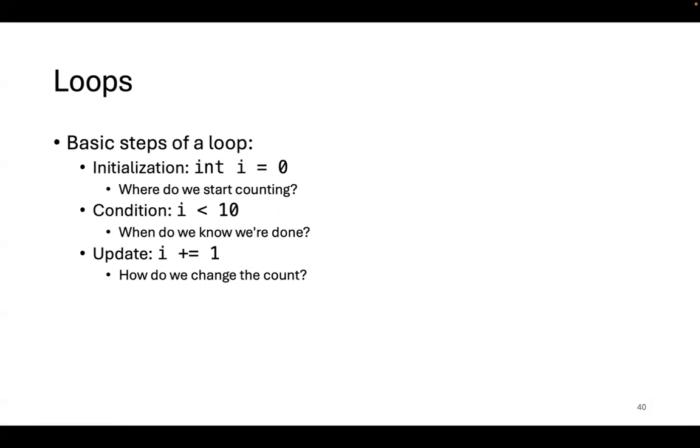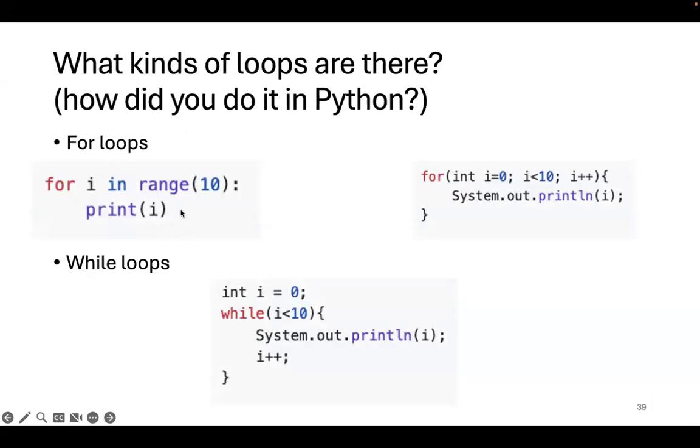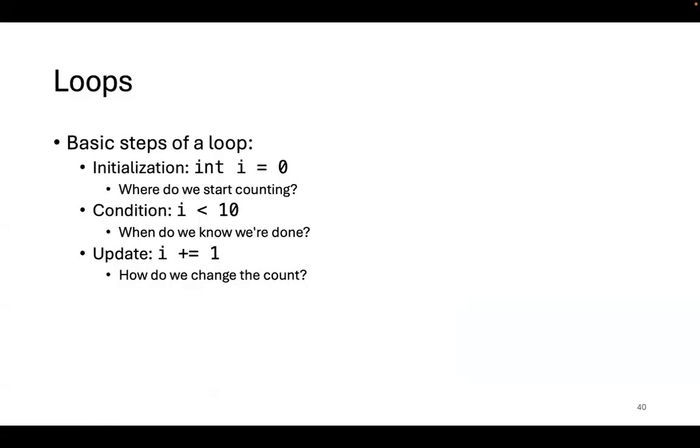If we're printing the numbers 1 through 10, we have to start somewhere. This is the initialization step where we say we want to start at 0. For Python, we just assume that if I say range(10), I'm going to start counting at 0. But in Java, we have to explicitly specify that I'm looking at integers and I'm starting at 0.